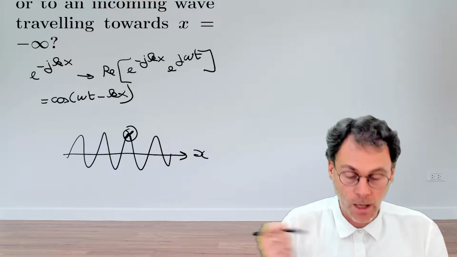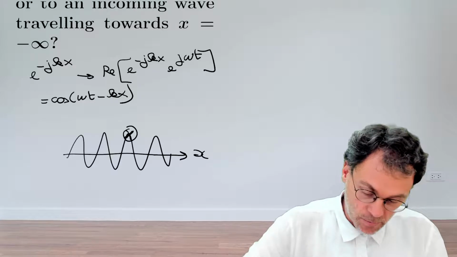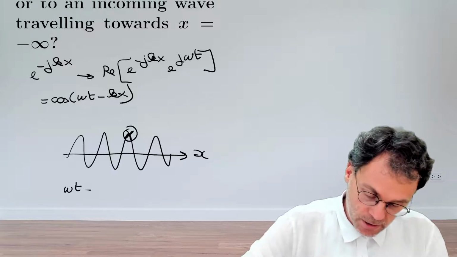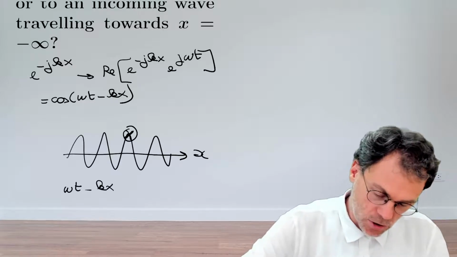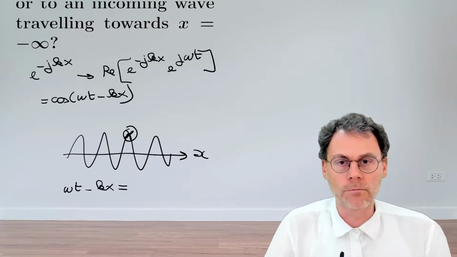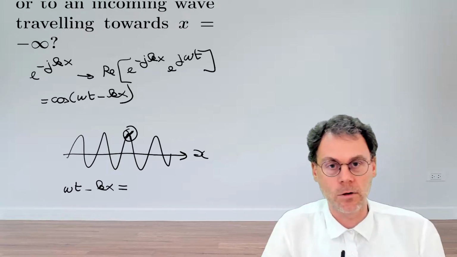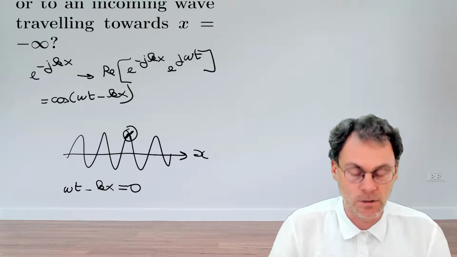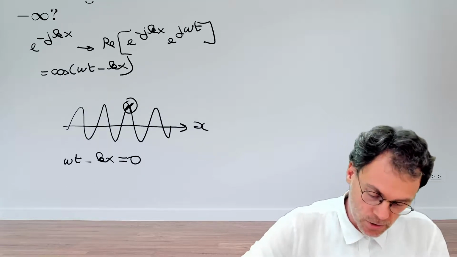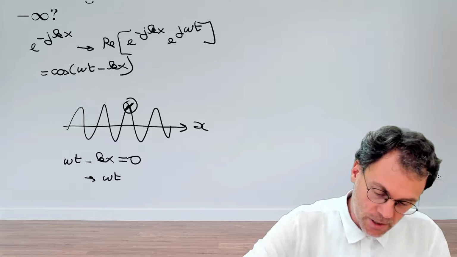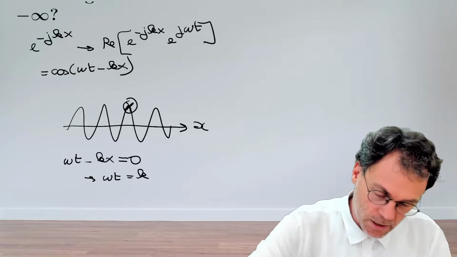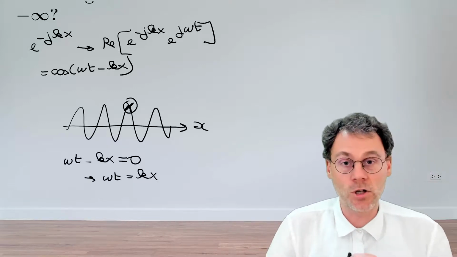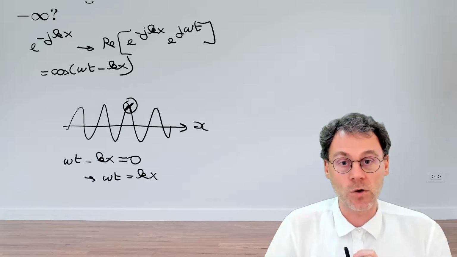If the argument is constant, that means omega t minus kx is constant. Without loss of generality, and because we're lazy, we pick 0 for that constant. So omega t is equal to kx. This is a relationship between t and x that describes that fixed location we were interested in.